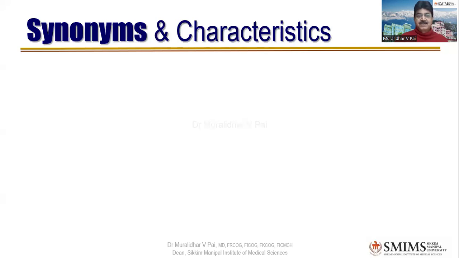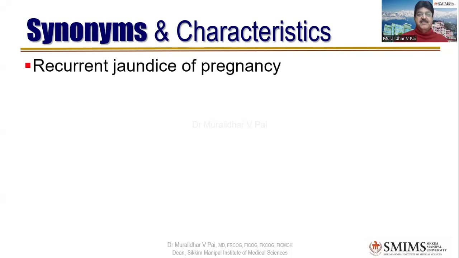What are the synonyms or synonymous terms for intrahepatic cholestasis, or what are the characteristics? Recurrent jaundice of pregnancy. Now we know there are several causes for jaundice, starting from infections to the serological problems, transmission through sexual intercourse or injections, or it could be a simple cholestasis of pregnancy.